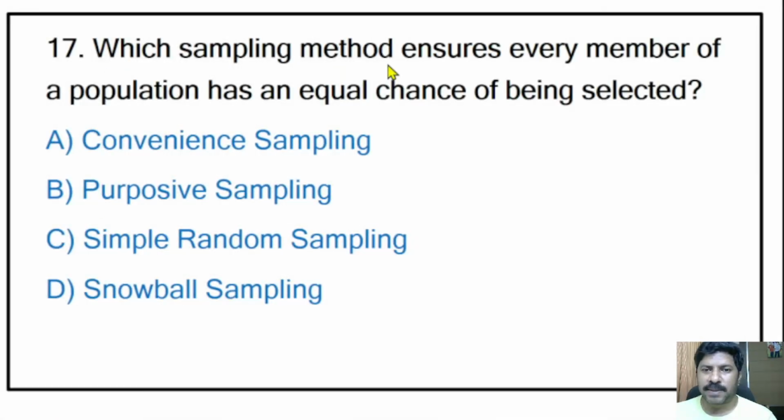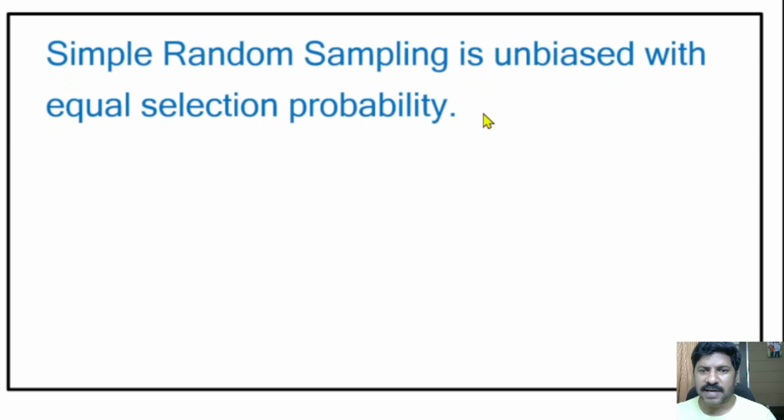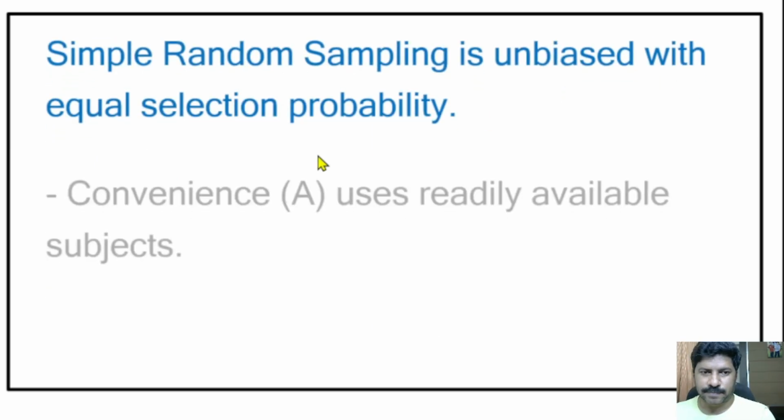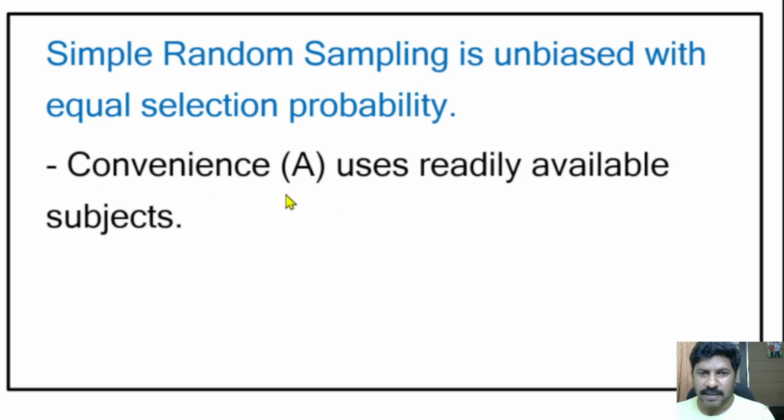17th question. Which sampling method ensures every member of a population has an equal chance of being selected? Convenience sampling, purposive sampling, simple random sampling, snowball sampling. Correct answer is simple random sampling. In that case, each sample has an equal chance. Simple random sampling is unbiased with equal selection probability. Convenience sampling uses readily available subjects, so the researcher will select the sample which is easiest to access.